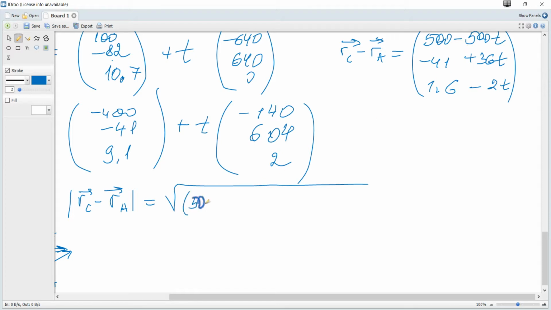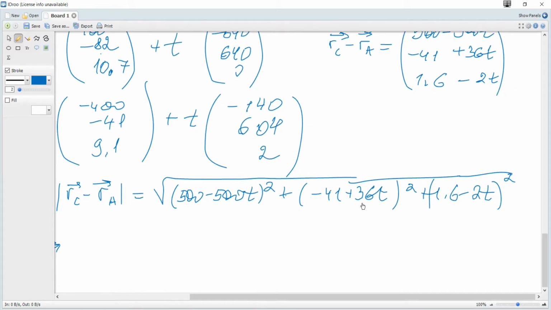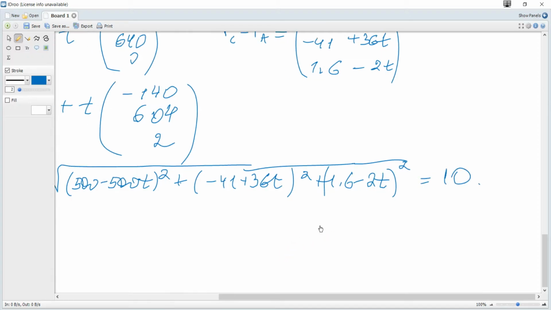So it becomes the square root of (500 minus 500t) squared plus (negative 41 plus 36t) squared plus (1.6 minus 2t) squared, and we need this distance to be 10 kilometers.